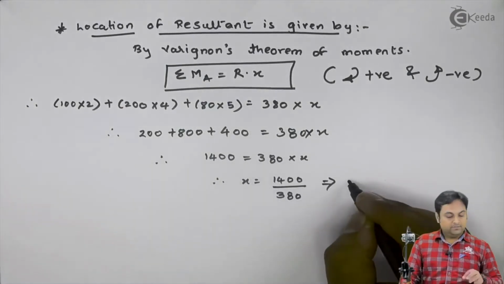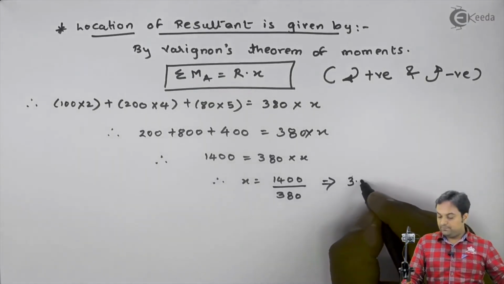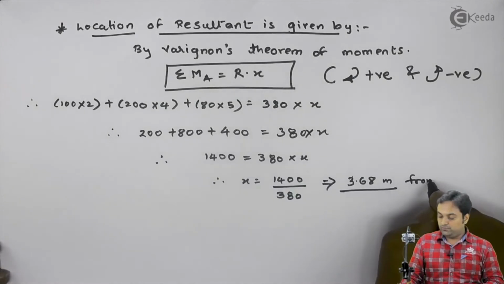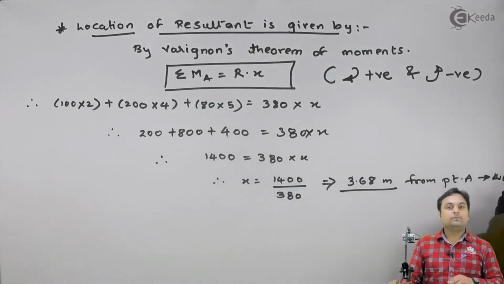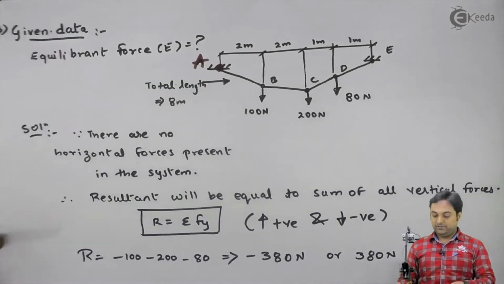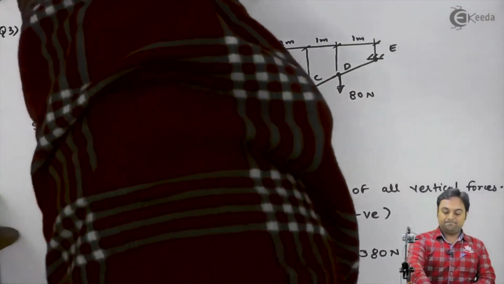That will give me my answer as 3.68 meters with respect to point A, my second answer. So here I have found the location of the resultant. It comes out to be 3.68 from point A.